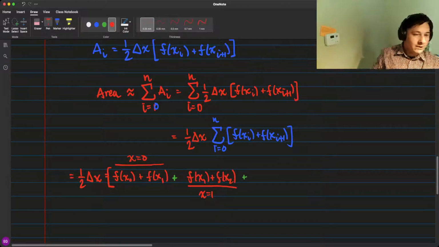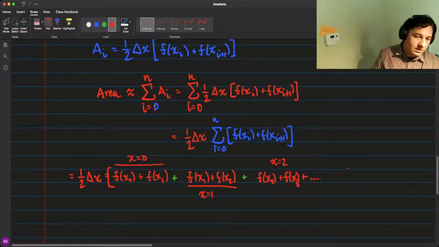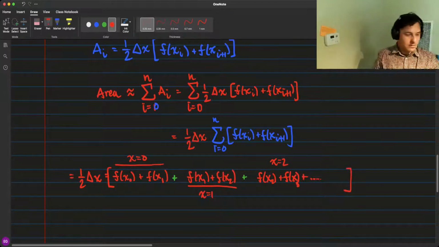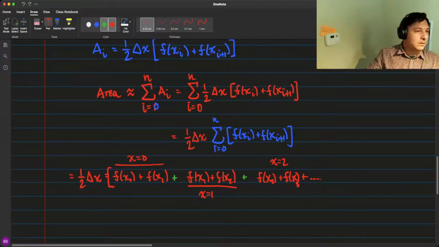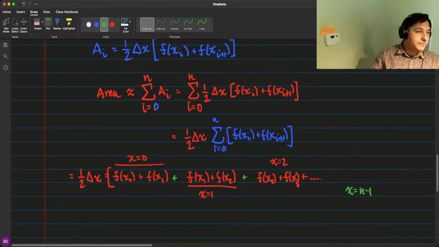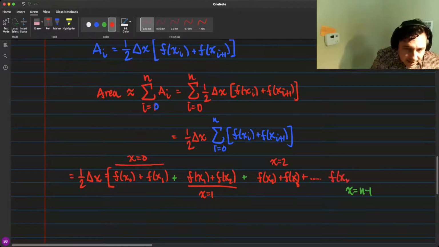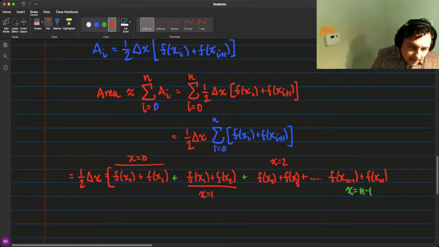You plug in 2, so you get f of x2 plus f of x3. And this will keep going until you get to the end. The last one would be plugging in n. Actually, n minus 1, my bad. So the last one will be f of x_(n-1) plus f of x_n.